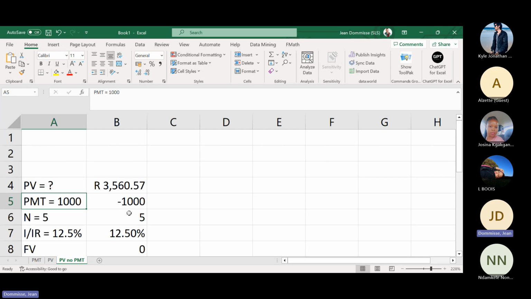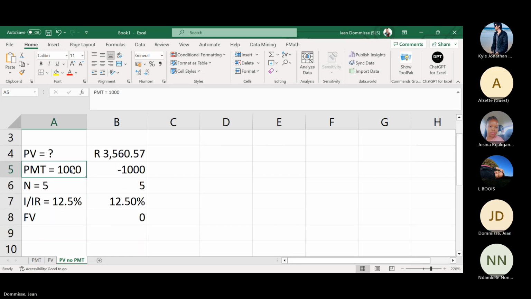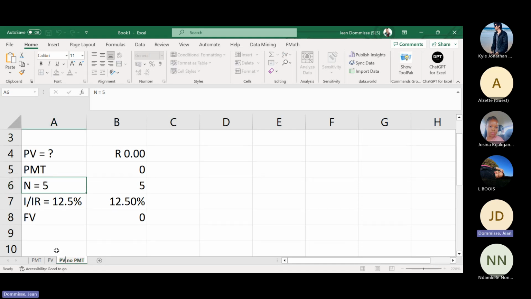Okay, so again, they want us to work out present value. There is no payments per month, so we can change that to 0. Sorry, we wanted to work out future value. The payment per year, we started off, sorry, with 9,000.